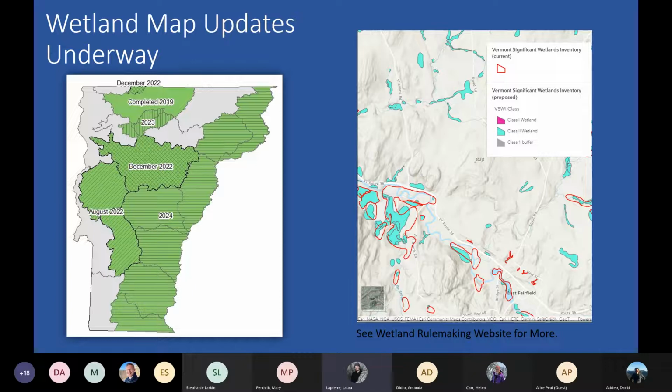We are in the process of updating our Vermont significant wetlands inventory, which this slide shows a picture of some of the edits where teal areas are where they're being updated to, where ones that were never detected are added, and those that did not have wetlands are being removed, and just some changes to the lines and such so that the public has better information out there.